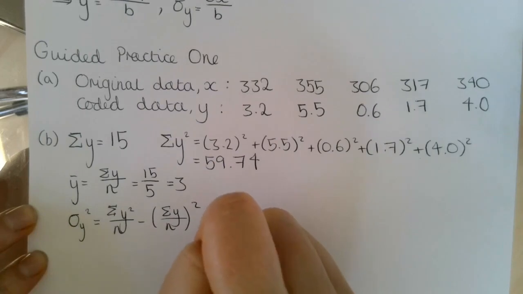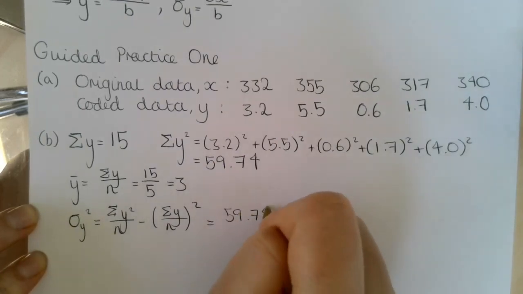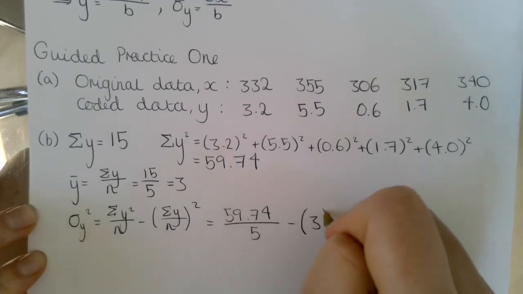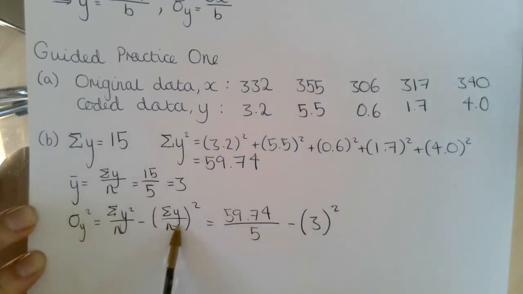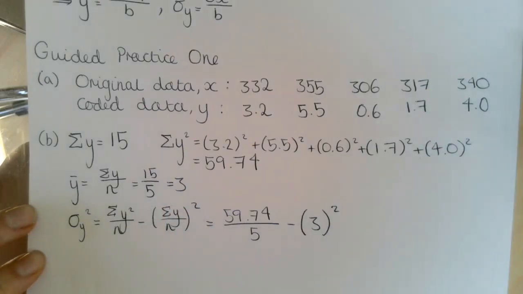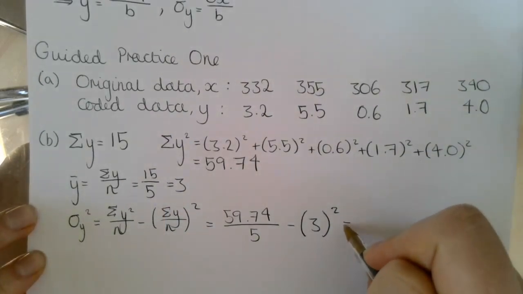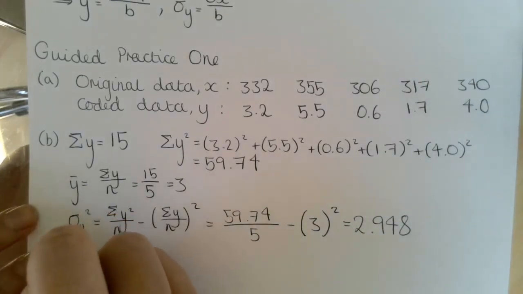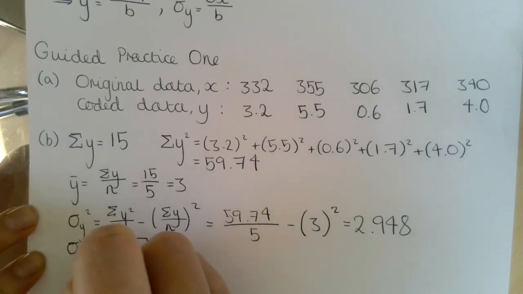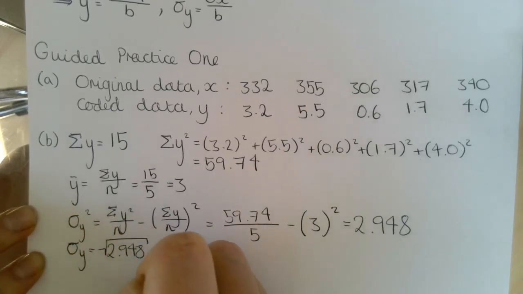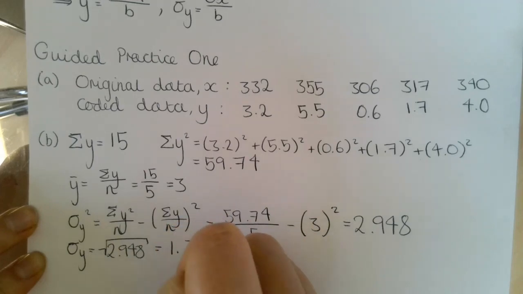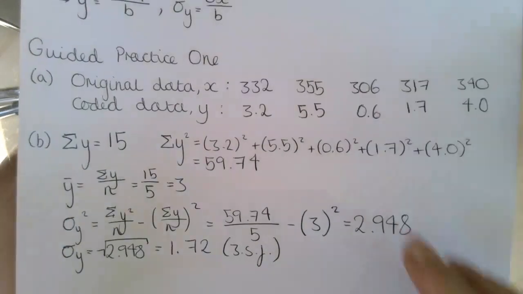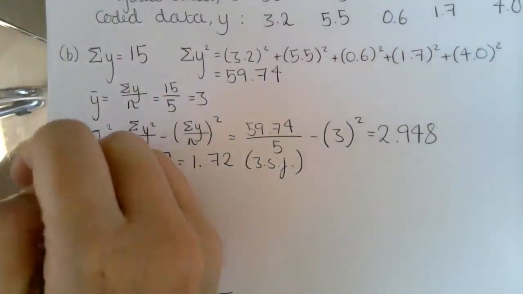So this is equal to 59.74 over 5, subtract 3, all squared, because that is the value of our mean, which is equal to 2.948. So then the standard deviation of our coded data is just the square root of 2.948, which is 1.72 to 3 significant figures.